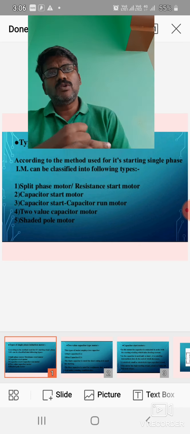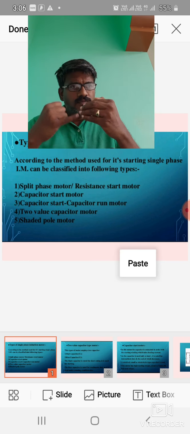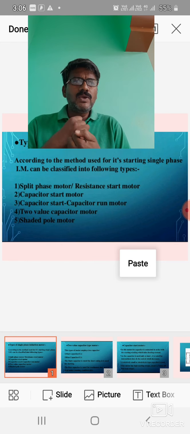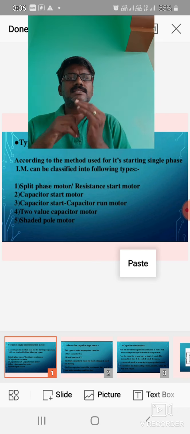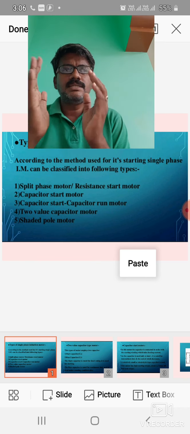After the shaded pole motor, the starting current is increased by connecting a resistor: that is the split phase motor or resistance start motor.